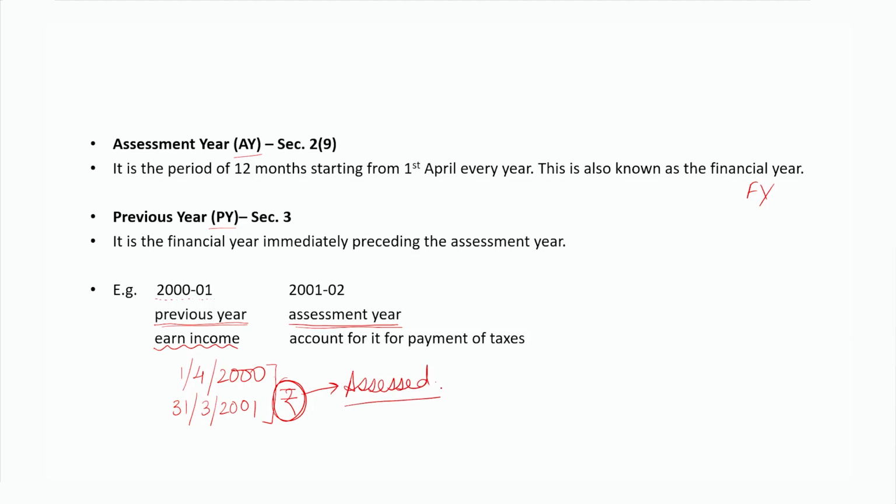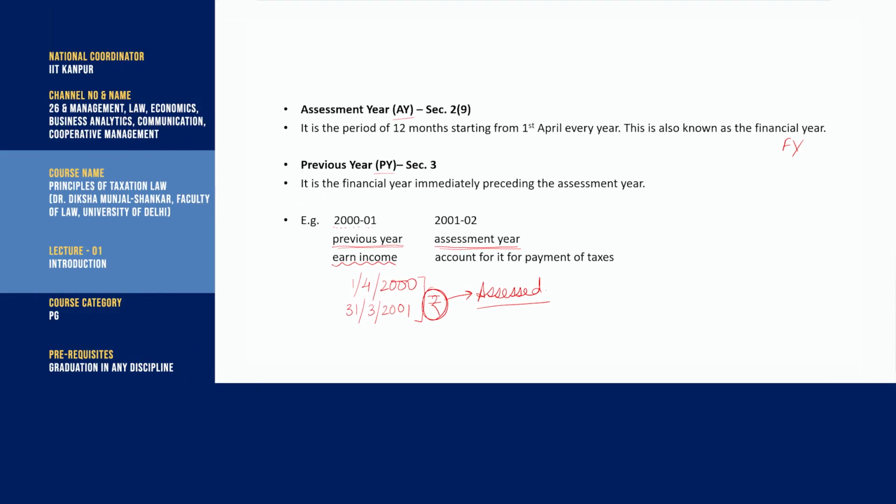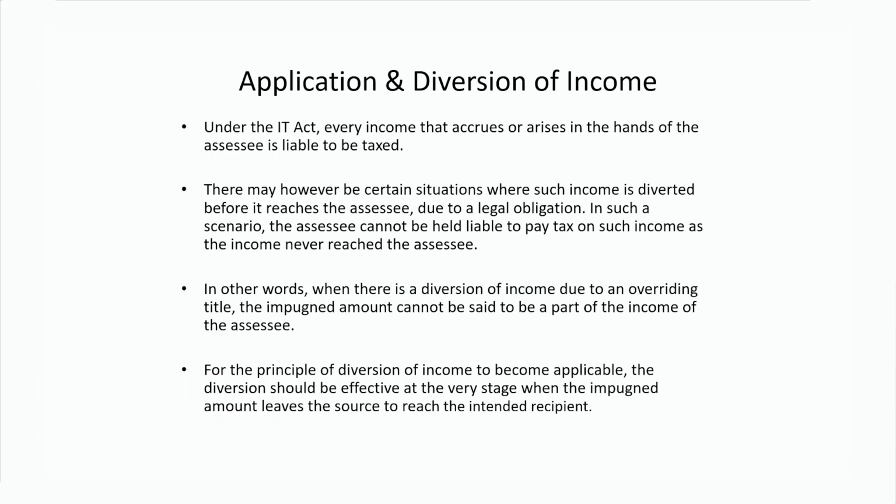So obviously only once you have earned your income, then only we can subject it to assessment. So then in the year 2001-2, which becomes your assessment year, we look at the accounts of your previous year for the purposes of payment of taxes, right?